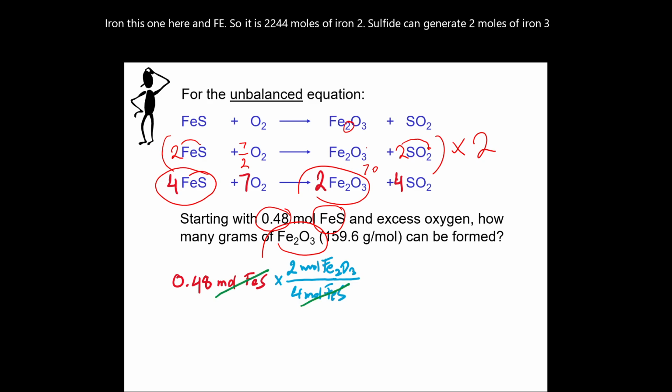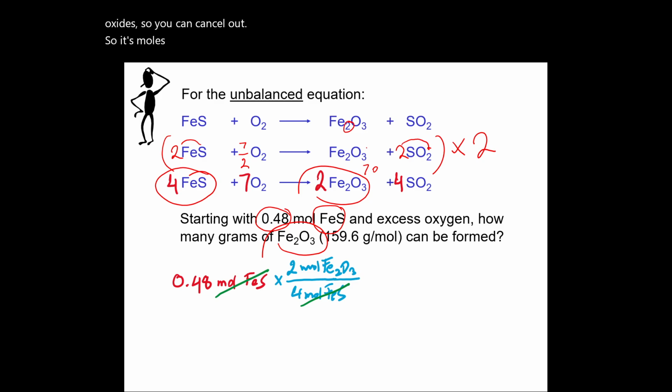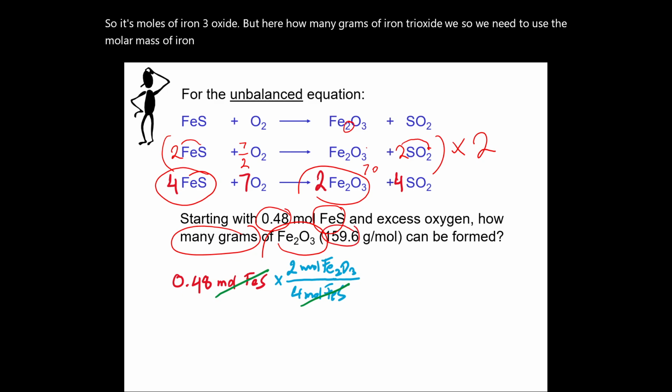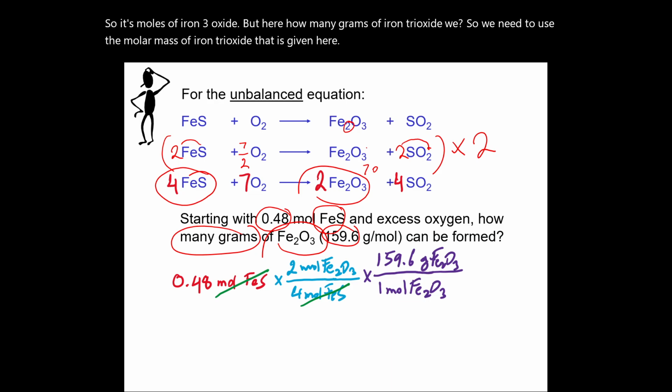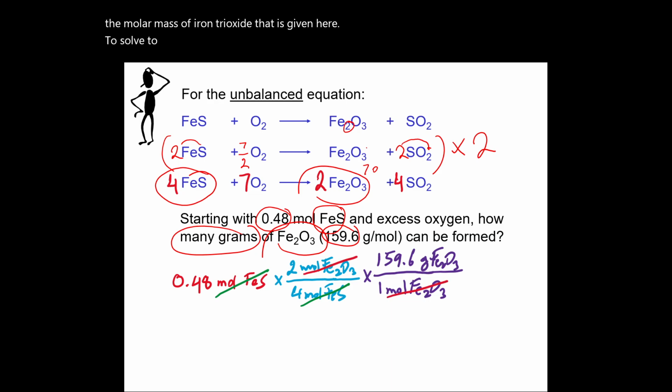So you can cancel out. So it's moles of iron(III) oxide, but here how many grams of iron(III) oxide? So we need to use the molar mass of iron(III) oxide that is given here to convert moles of iron(III) oxide to grams of iron(III) oxide.